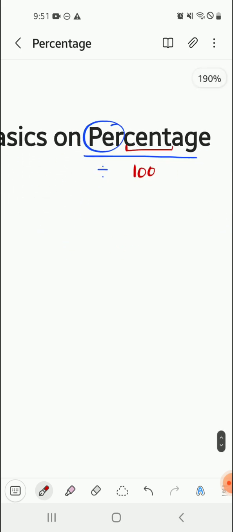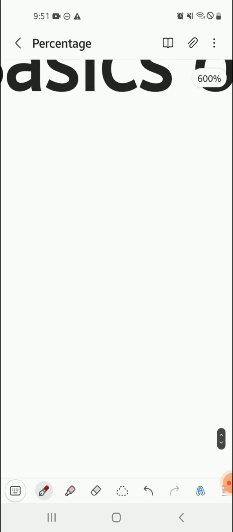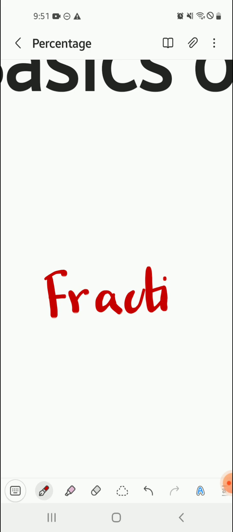Now, we will be asked to find out some common things, that is, a number can be represented in the form of fraction or decimal.